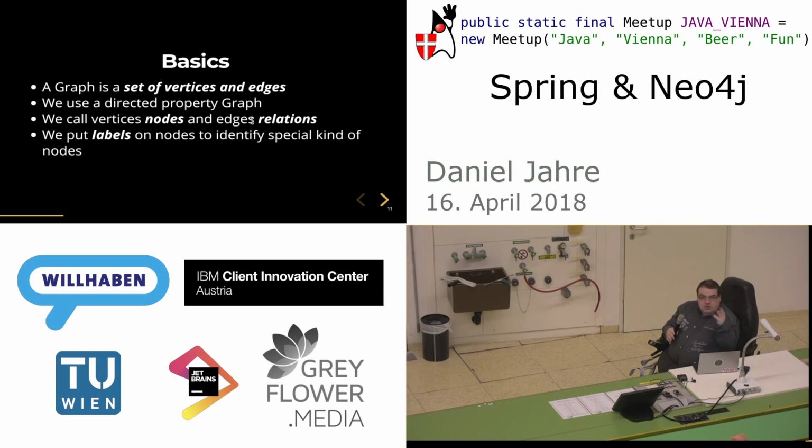And I will show you how this will look later. And in Neo4j speak, we are not saying vertices and edges, we say nodes and relations, because this is the thinking behind the data modeling we are doing.